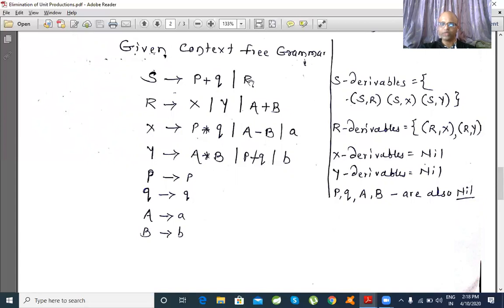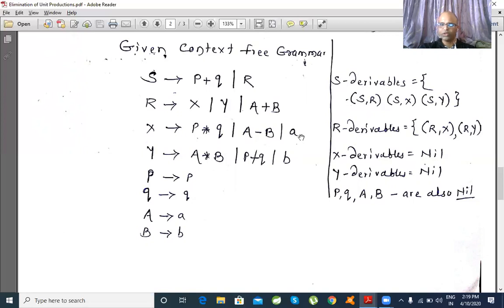I need to continue this process for the next iteration. R is producing X; there is a unit production where R is producing X. When S and X are not the same, in that case I need to add this second production in S derivables, saying that X is S derivable. Again, I need to keep track of this chain from X to look for any unit production.